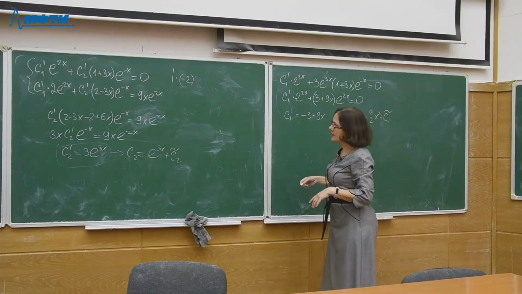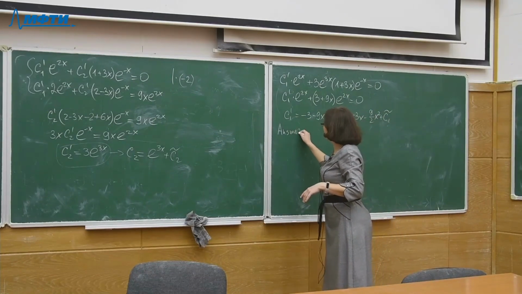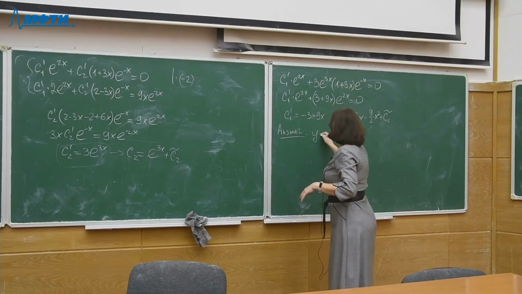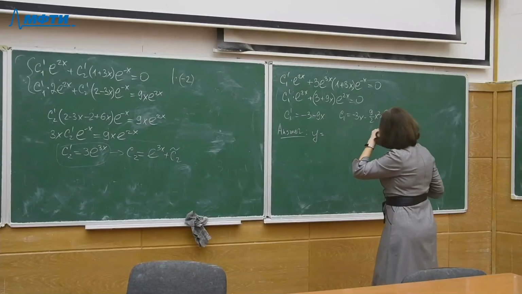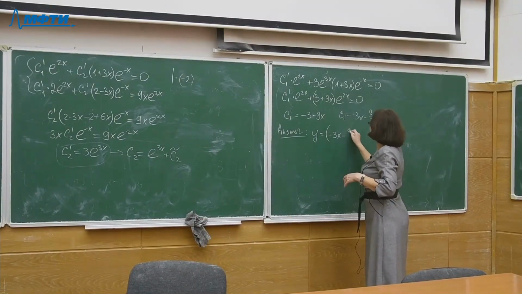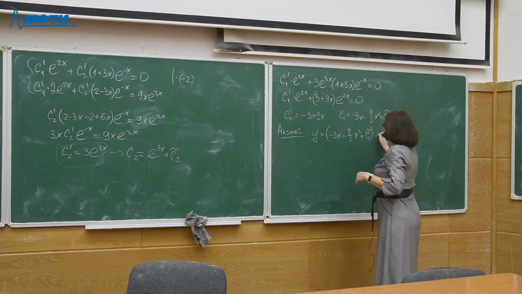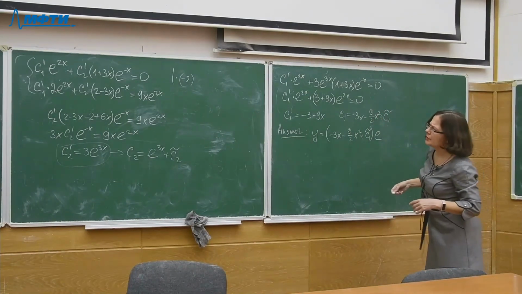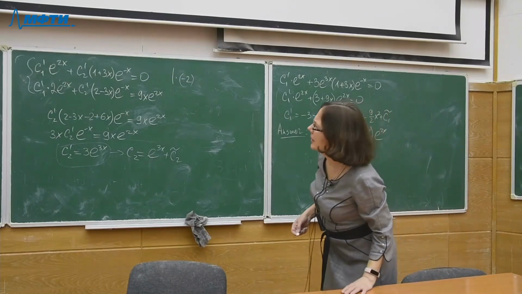And the answer will be y equals, okay, C1 of x is given by this formula, minus 3x minus 9/2 x squared plus C1 tilde, e to the power 2x, and minus x, right?